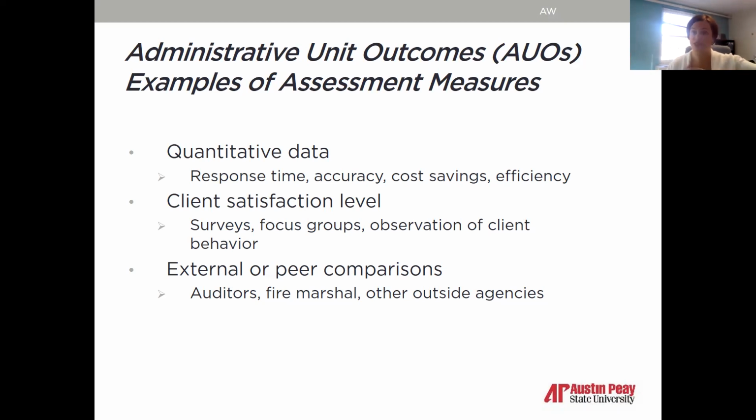We get a strict set of standards from THEC. So part of our IE plan is how well we foster compliance with those standards. So sometimes it's outside agencies that you're working with and you can create sort of a measure and outcome, or maybe they do it for you in a way that helps you do that. So that applies actually to a lot of administrative offices in different ways.